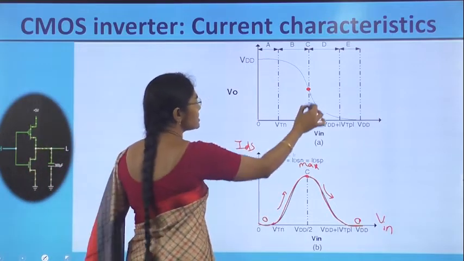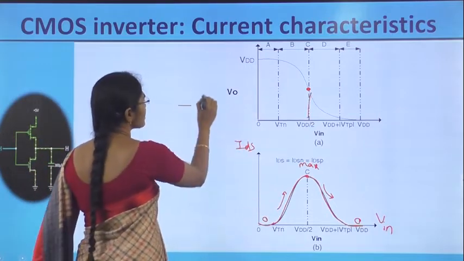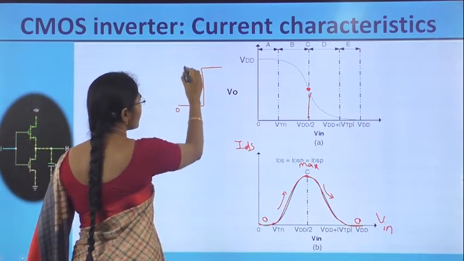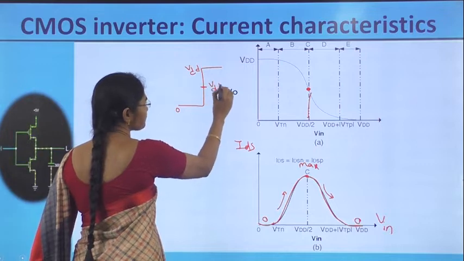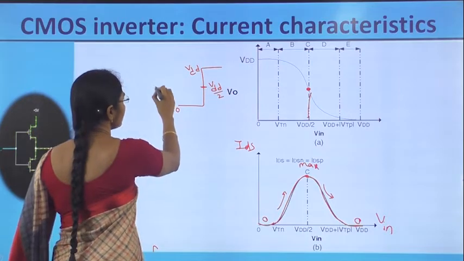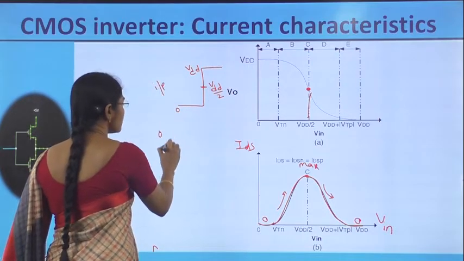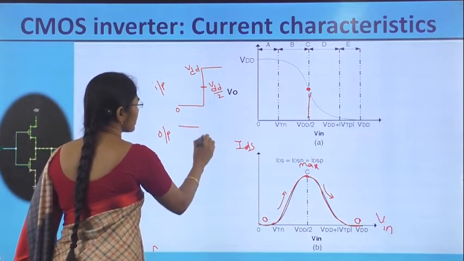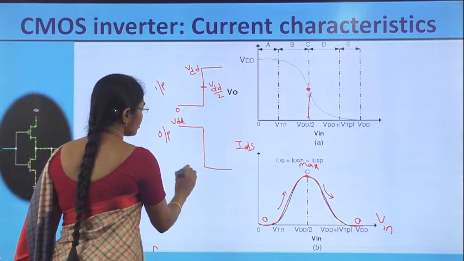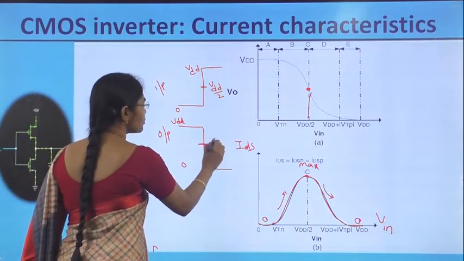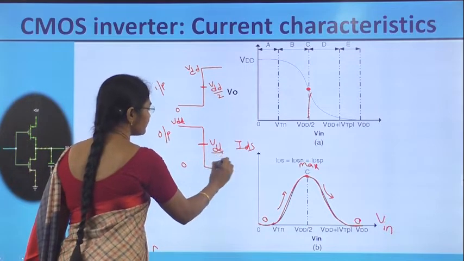For the region C, the input value is changing from 0 to VDD. Here, the middle point is VDD by 2. This is the input. And the output is coming from VDD to 0. Here also, the middle point should be VDD by 2.